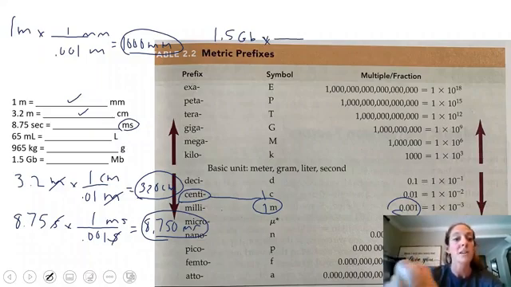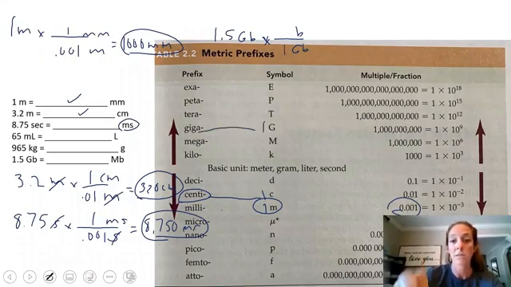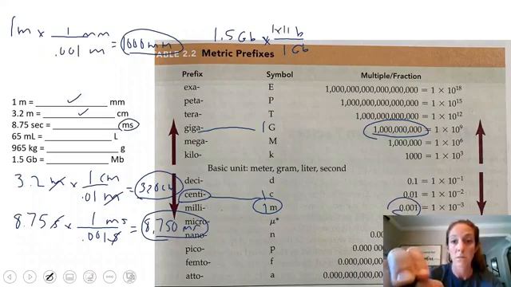Okay, so what do I want to get to before I get to my end product? I want to get to just my base. What have I got? So I'm going to go, okay, giga. For 1 giga is 1 times 10 to the 9th bytes.